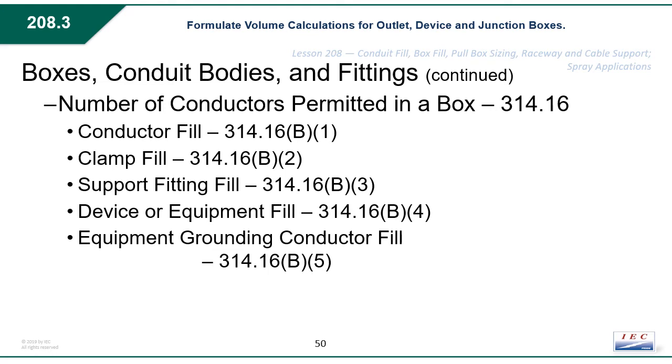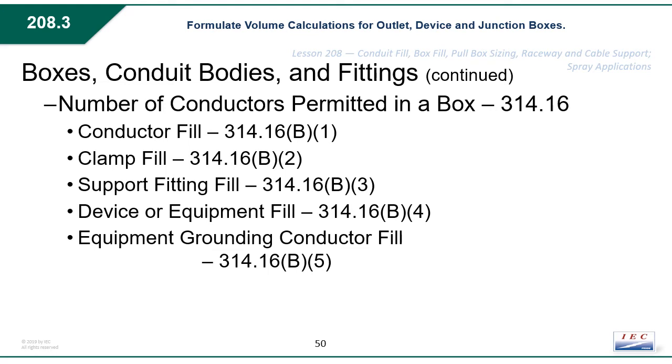Clamp fill, based on the largest current carrying conductor. Support fitting fill, based on the largest current carrying conductor. Device or equipment fill is based on the largest current carrying conductor connected to that device. So if I have a 10 gauge wire or 2 10 gauge wires connected to a receptacle inside that box, that receptacle itself would be counted as an additional 2 10 gauge wires.